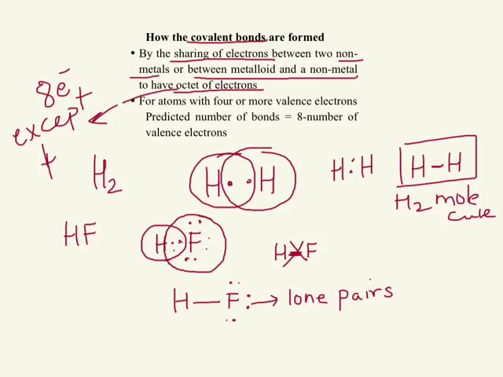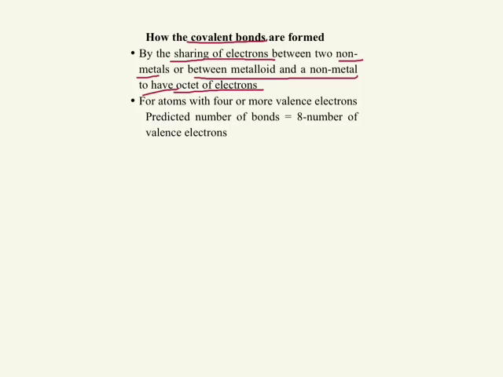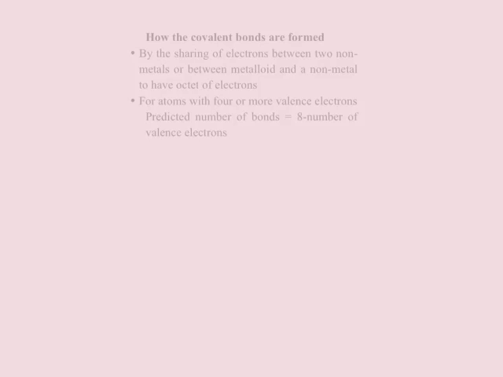Now for atoms with 4 or more valence electrons, let's say carbon has 4 valence electrons because carbon is in the 4th A group, nitrogen is in the 5th A group, fluorine is in the 7th A group, and oxygen is in the 6th A group.